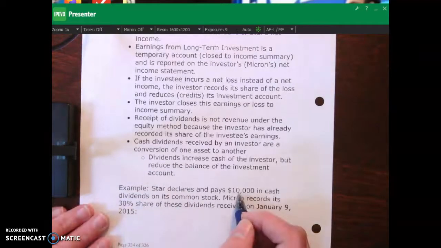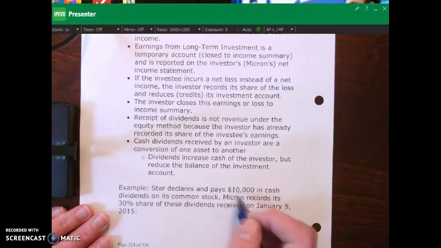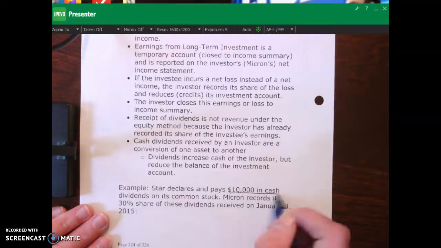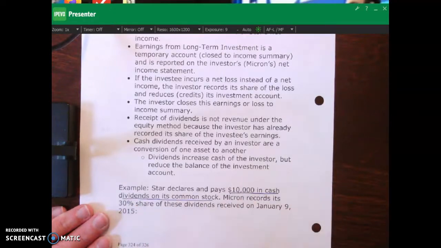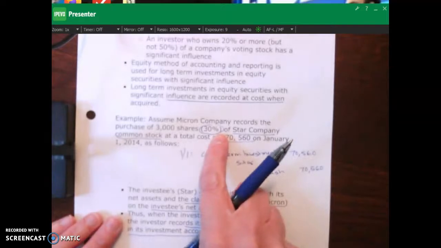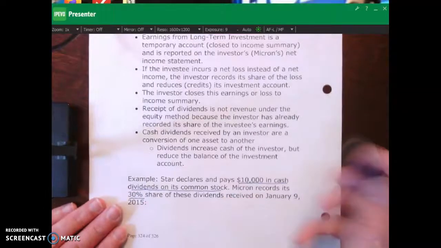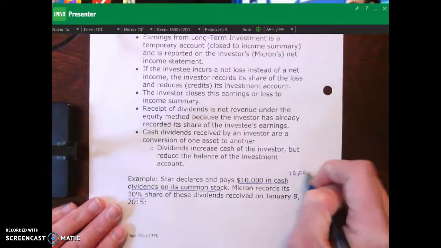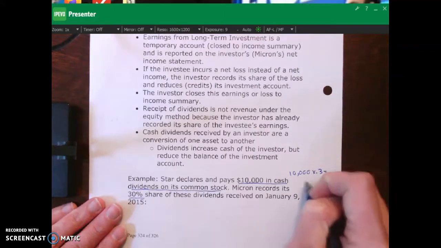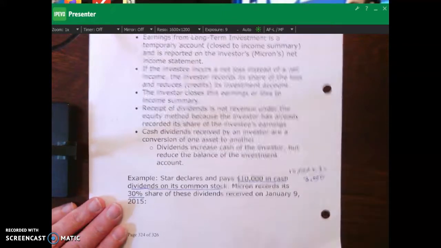So in this case, let's say they paid $10,000 dividends on its outstanding common stock. Micron gets 30%. Why 30%? Because they bought the initial 30% of their outstanding common stock. So they're entitled to 30% of those cash dividends. We take our 10,000 times our 0.3, gives us our $3,000.